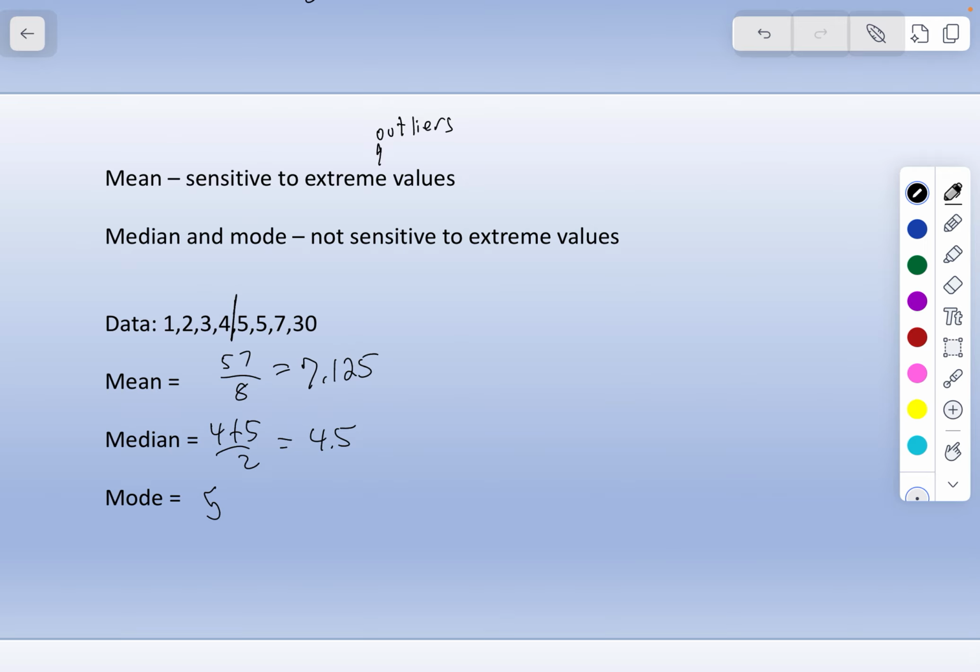So look at 7.125, it is larger than every single value except that 30. So it really pushed that value higher. So the mean is the one that's sensitive to outliers or extreme values, where the other two are not.